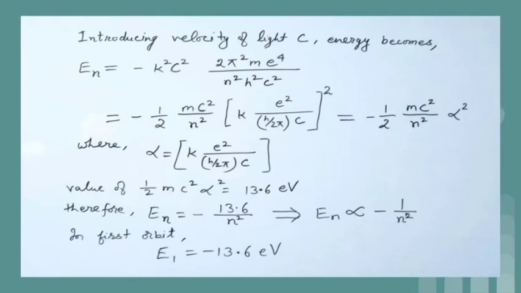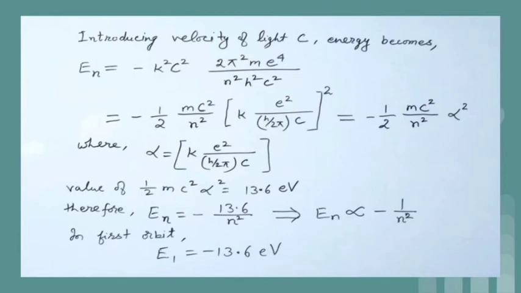Introducing the velocity of light c in the expression, En becomes equal to minus k square c square into 2 pi square m e to the power 4 by n square h square c square.